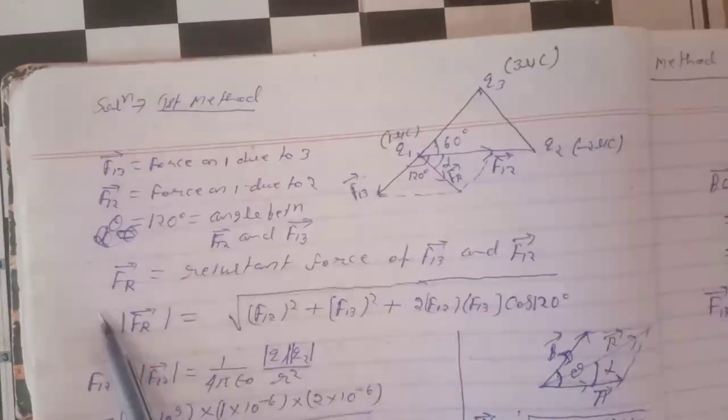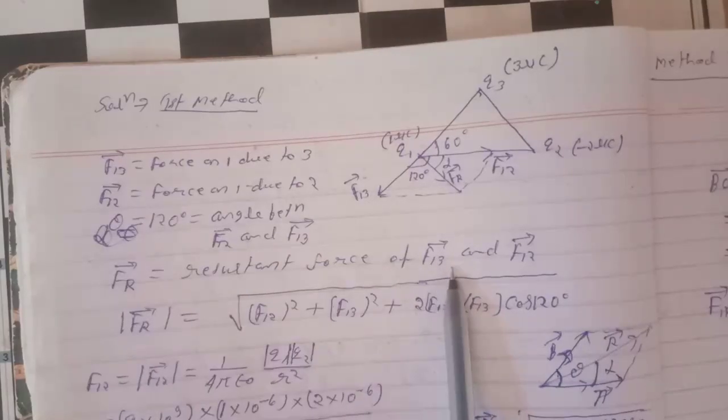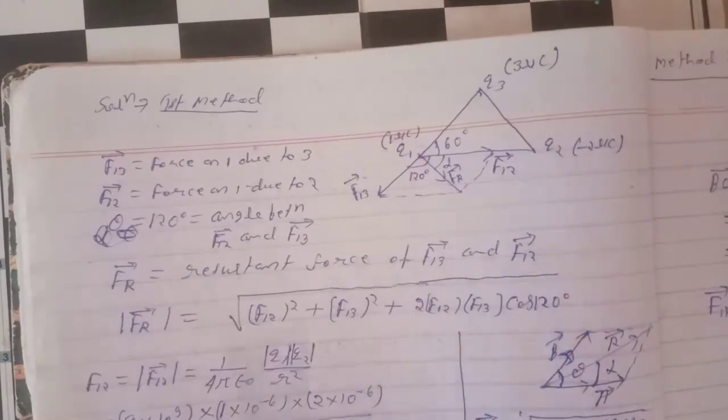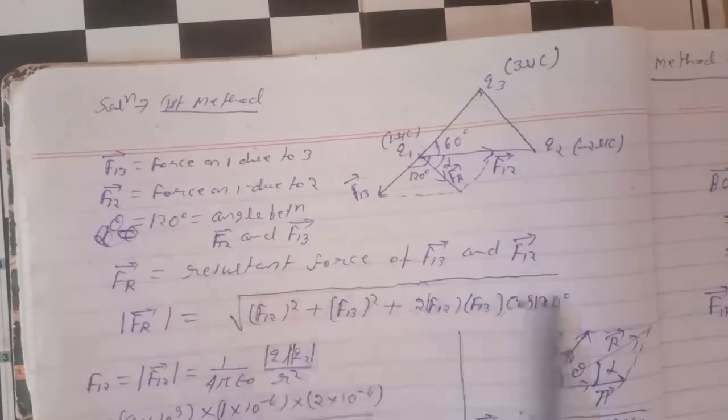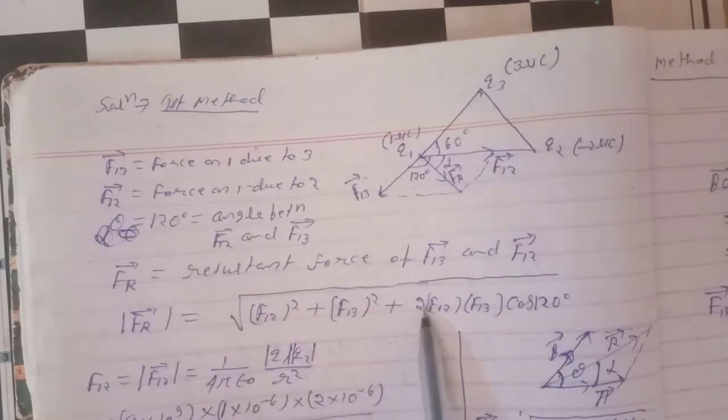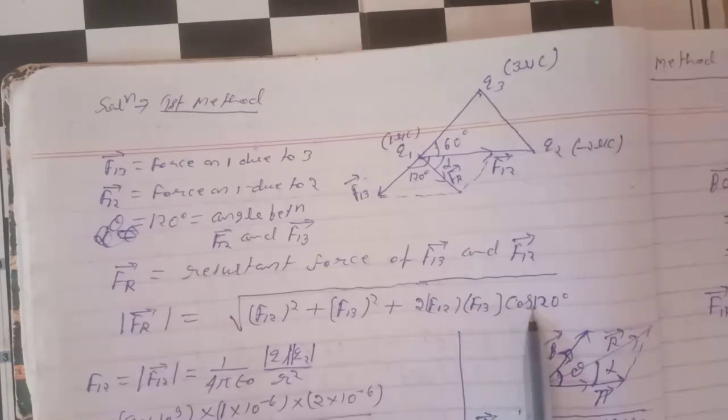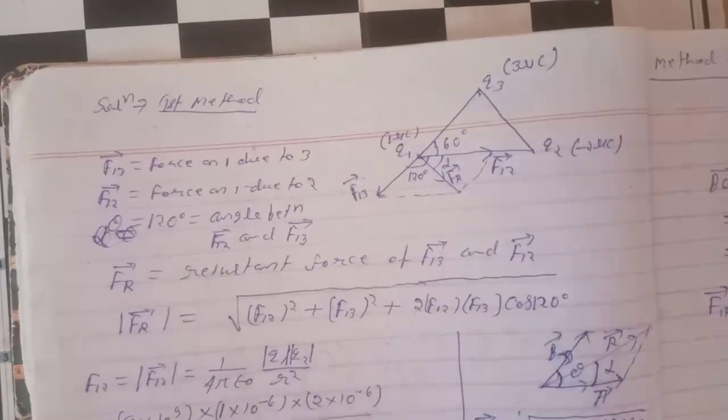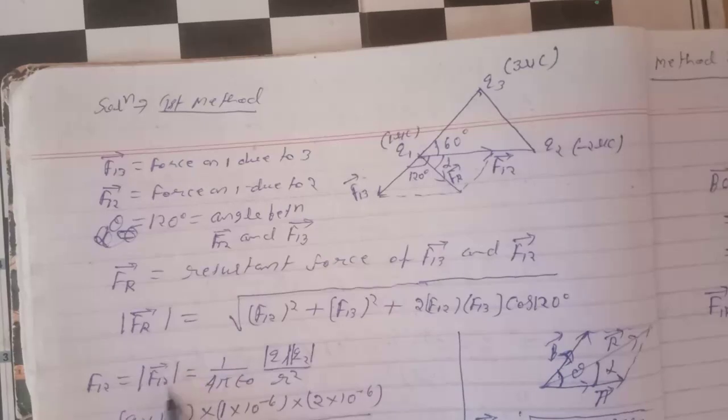So Fr, the resultant force of 1-3 and 1-2, we are calculating the magnitude. Mode of Fr equals the square root of F12 square plus F13 square plus 2 F12 F13 cos 120. Now the mode of F12 is 1 by 4 pi epsilon naught, mode of Q1 mode of Q2 by R square.